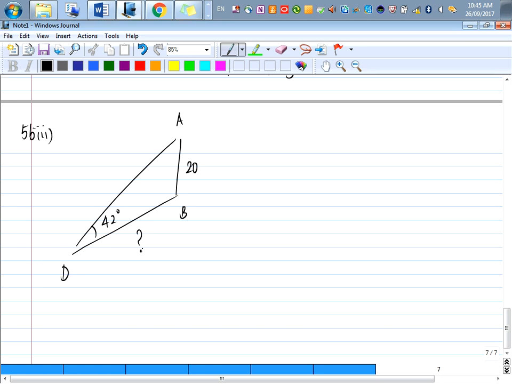DAB. What is DAB? It's from question 1A part 2, so 30, right? If this is 30, this is 42, then this must be angle DBA equals 180 degrees minus 42 minus 30. So the answer is 108. The reason is the angle sum of a triangle.